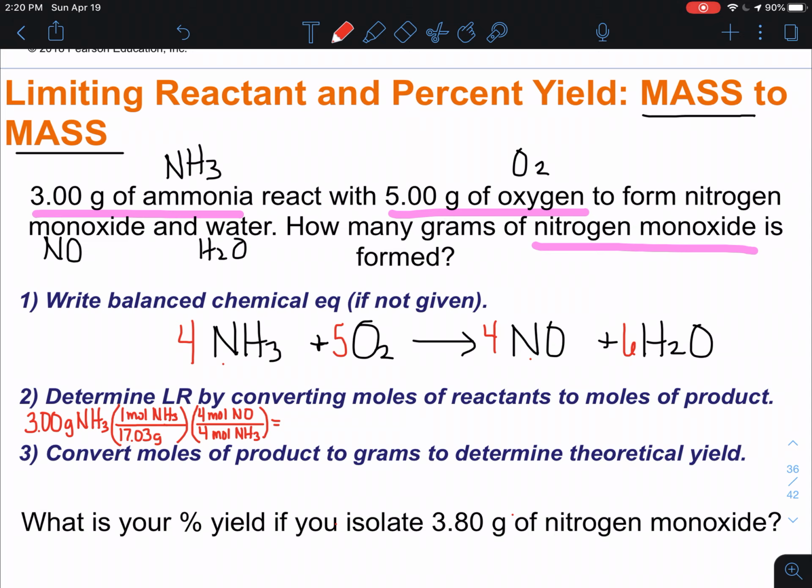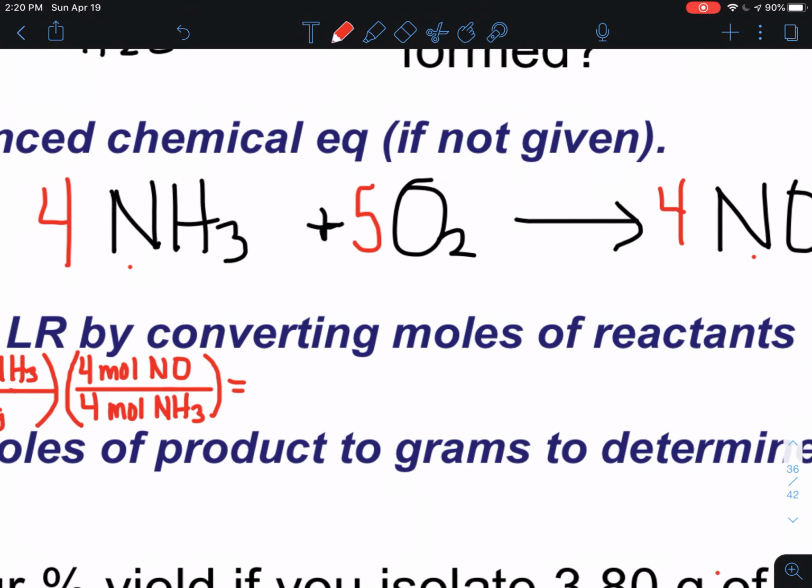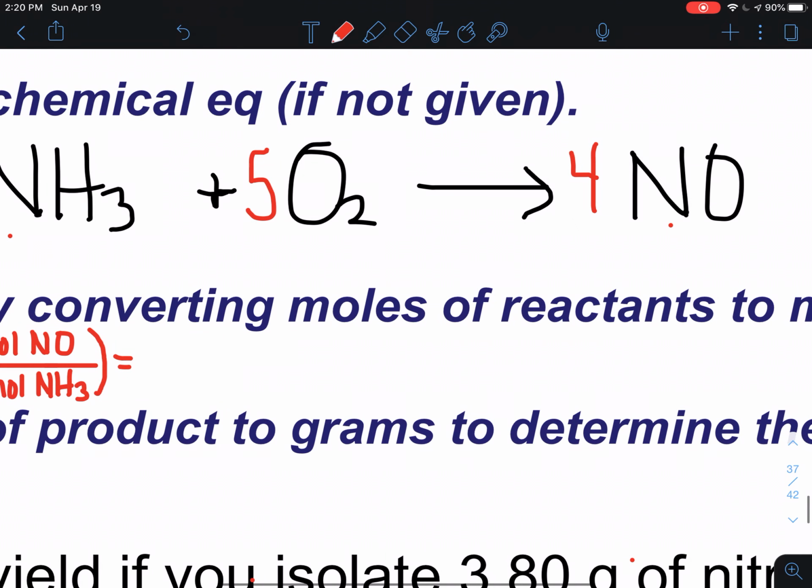So 3.00 multiplied by 1 over 17.03, multiplied by 4 over 4. So we have 0.176 mole.